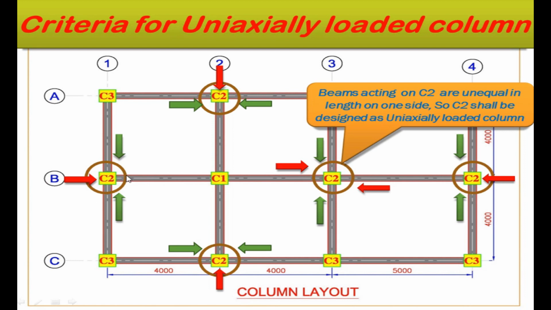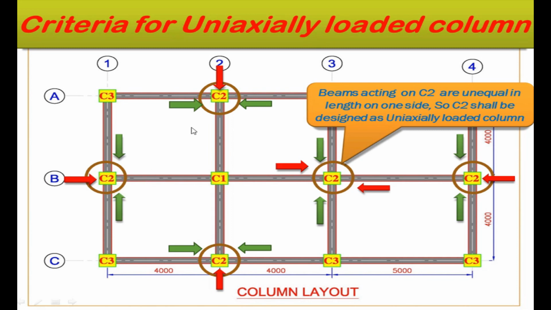These two sides will be equal, so the moment created on these two sides will be balanced, and on this side a moment will be created, so the load acting on this side will be more. So here the acting load is eccentric on one side, so it is called uniaxial load.